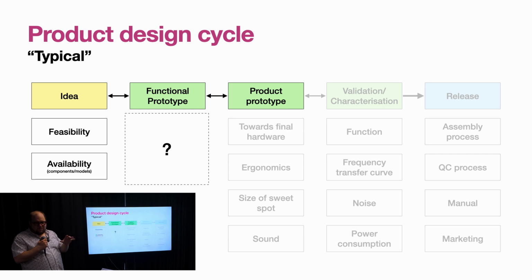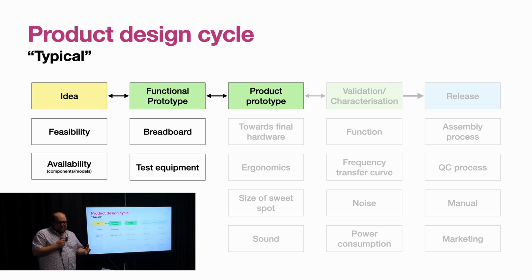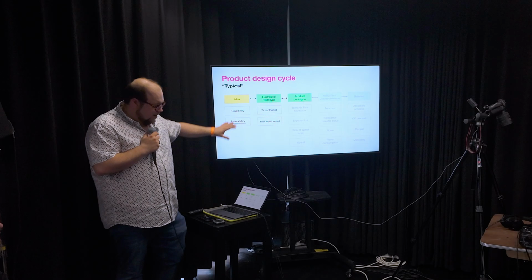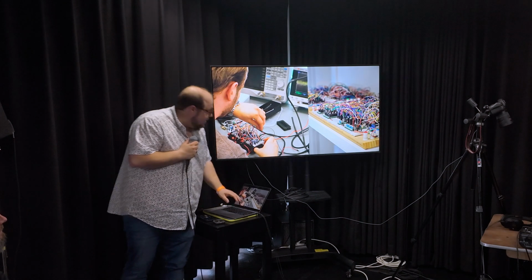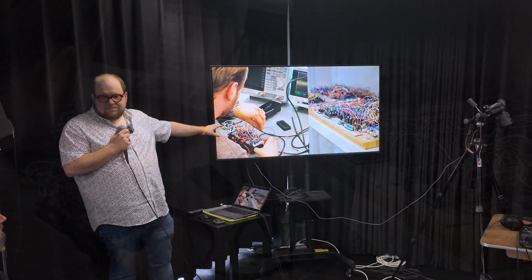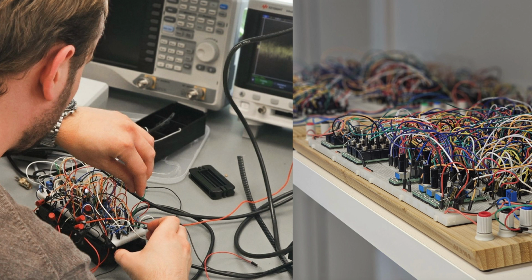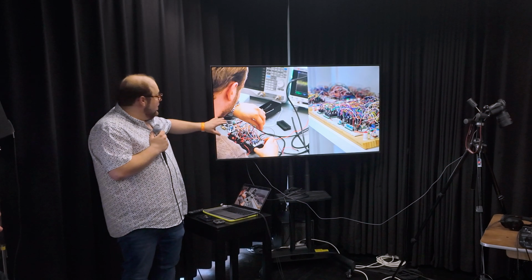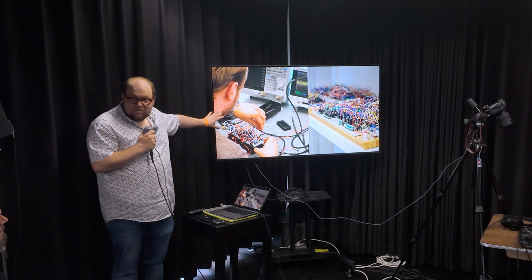Now, what I will be talking about today is this here, the functional prototype. And typically, most of my colleagues will be using breadboards to go through that phase. Now, if you're unfamiliar with that, this is what that looks like. I stole these pictures from the Joranalog Instagram. Here on the left, you see the Belgian breadboard beast himself.